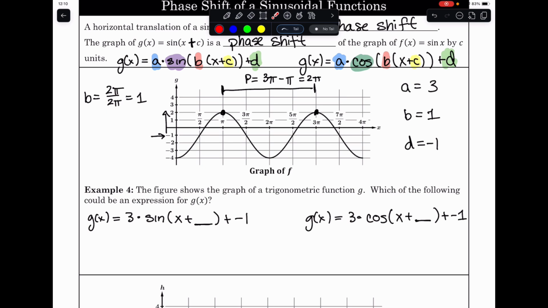Now, again, I know we talked about transformations, that moving to the left has to be positive, but that's only from the original one. If I'm moving the original function to the left, that would have to be a positive value right there. But we're doing this backwards. We're not looking at where the original is and moving it to its corresponding new location.